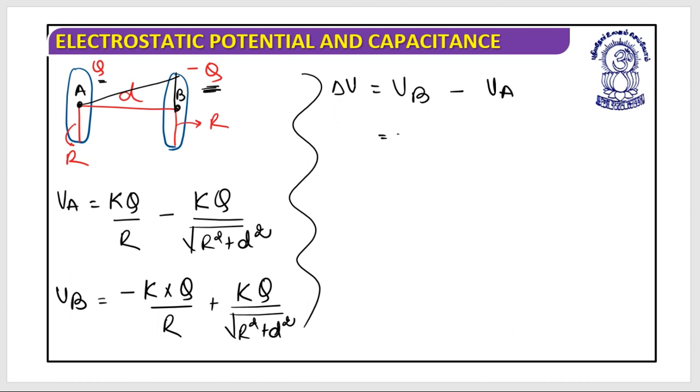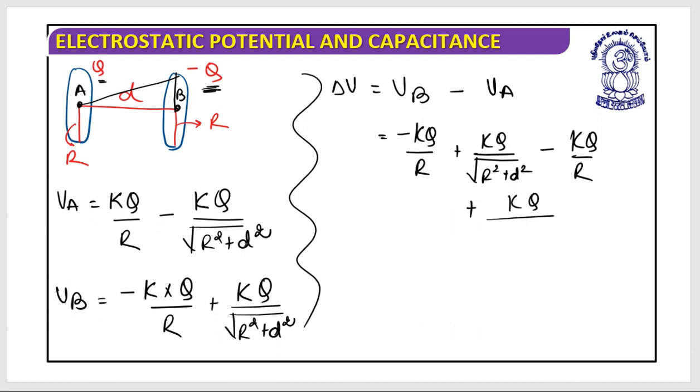So if I write VB minus VA, it's minus KQ by R plus KQ divided by root of R square plus D square, minus of minus KQ by R plus KQ by under root of R square plus D square.